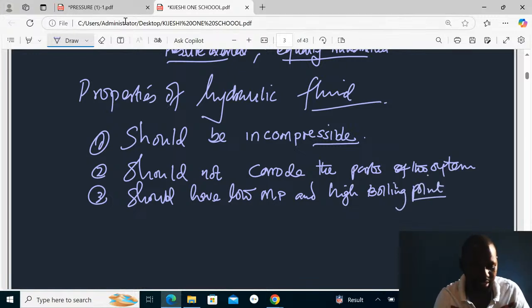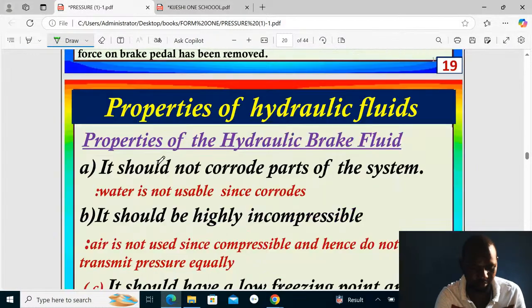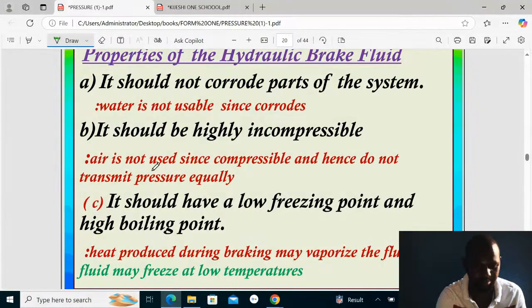You can still try to feature all this with some better explanations. We can see the first one, should not corrode parts of the system. And you can see that water is not used.